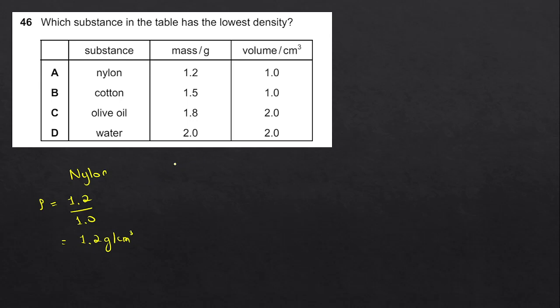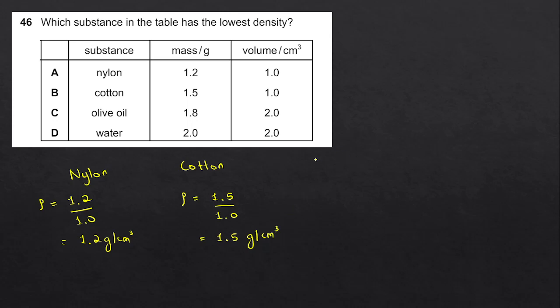Next we have cotton. Cotton has a mass of 1.5 gram and the volume of cotton taken is 1.0 cm cube. So the density will be equal to 1.5 gram per cm cube.